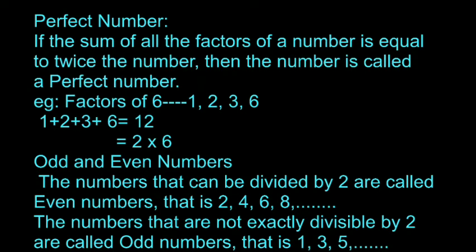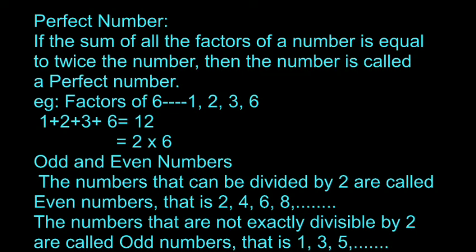Next, some special types of numbers, some characteristics, special numbers. Here, perfect number. What is meant by a perfect number? If the sum of all the factors of a number is equal to twice that number, then the number is called a perfect number.